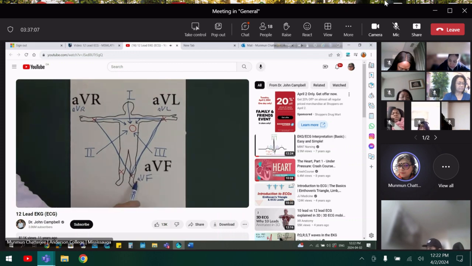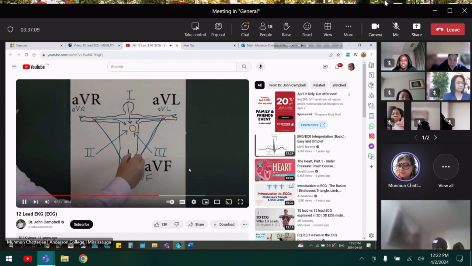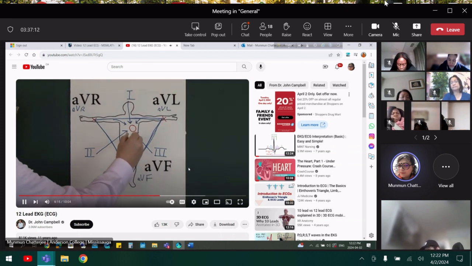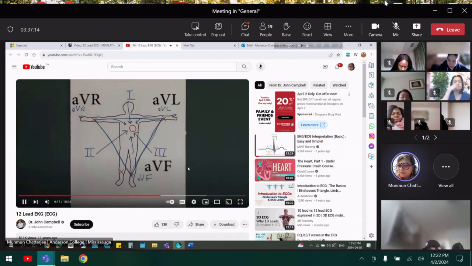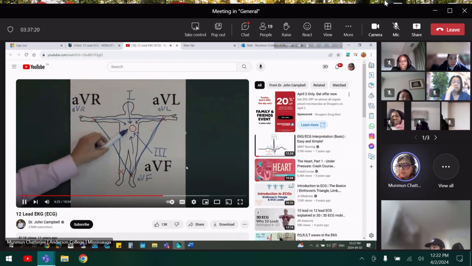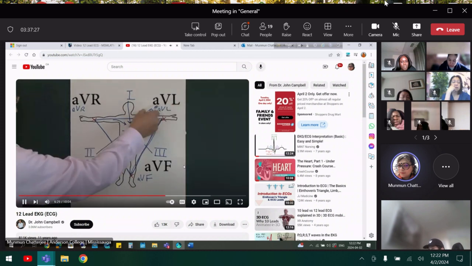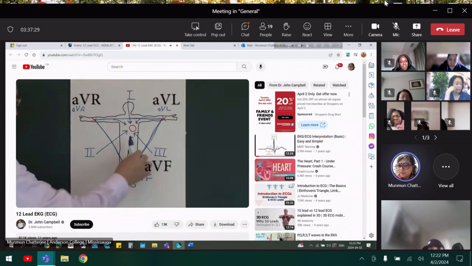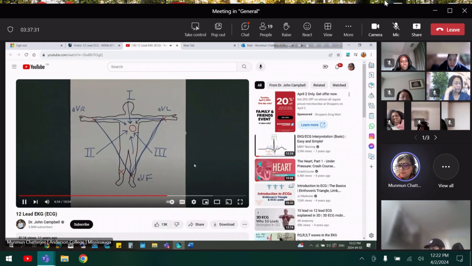Again, it's a unipolar electrode, and that's looking at the heart from this direction. So you can see we've now got 6 views of the heart. We're looking at it from 1, from 2, from 3, from AVR, from AVL, and from AVF. We've now got 6 views to give us anatomical positional information of what's going on.